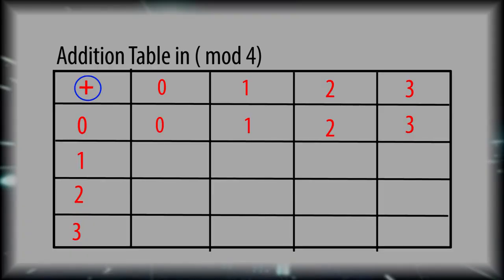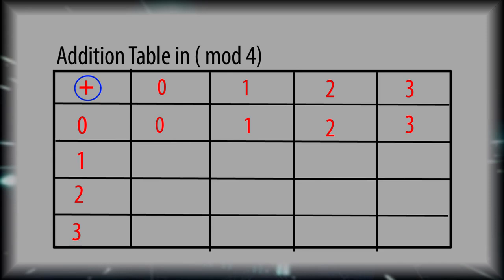So now let's fill the table that we have drawn with our answers. As you can see, just below the 0, we have 0. Then we have 1, 2, and 3. Those are the answers we got for working 0 plus 0 mod 4, 1 plus 0 mod 4, 2 plus 0 mod 4, and 3 plus 0 mod 4.